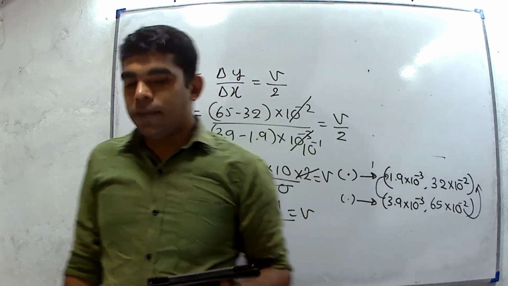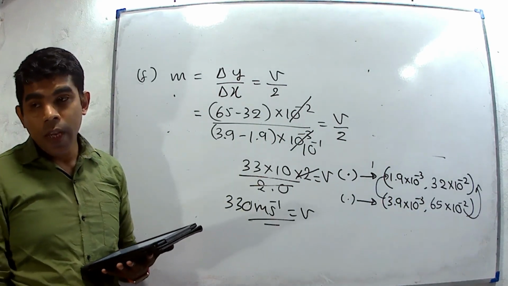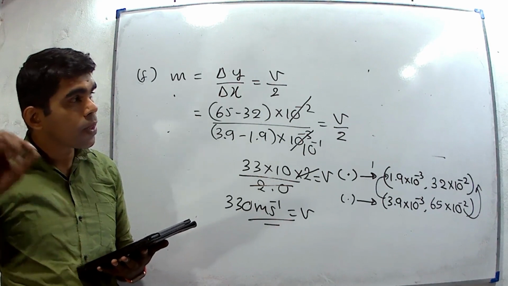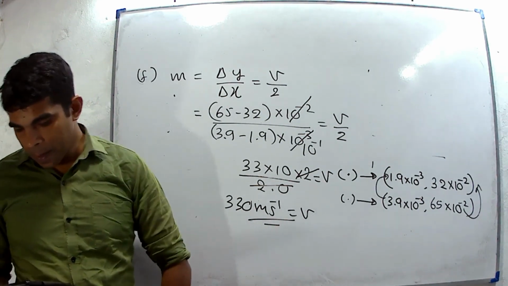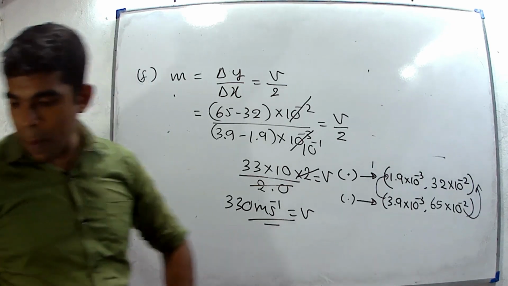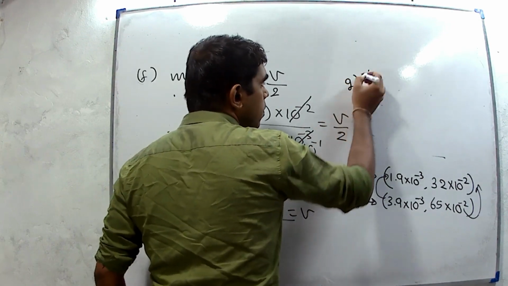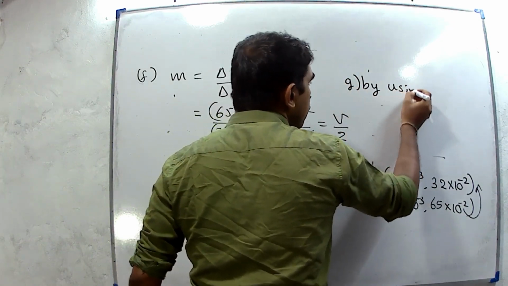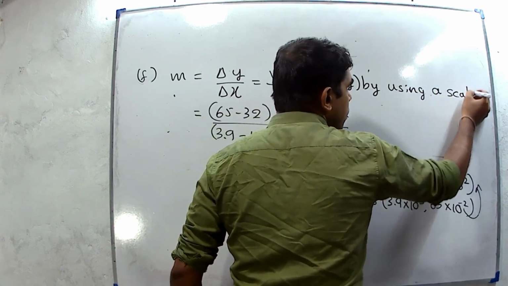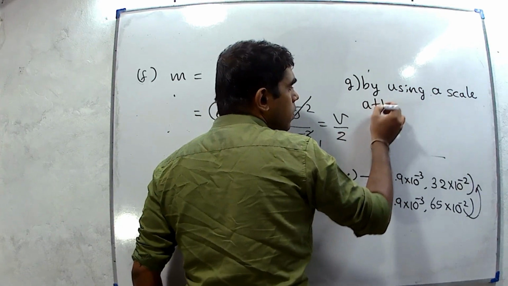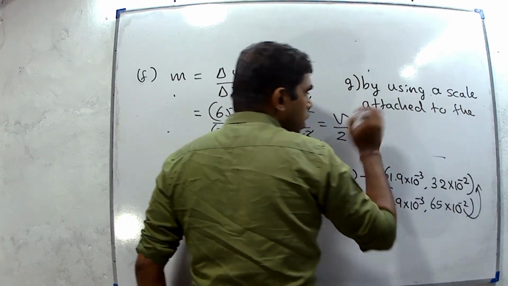We can use a scale attached to the resonance tube. Then the answer for part G: by using a scale attached to the resonance tube.